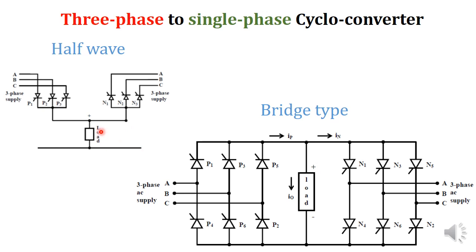Both are feeding the same load and both are fed from the same 3-phase supply. The bridge type converter has 6 plus 6, that is 12 switches. The positive converter has 6 switches, the negative converter has 6 switches. Both are feeding the same load and both are fed from the same 3-phase power supply.